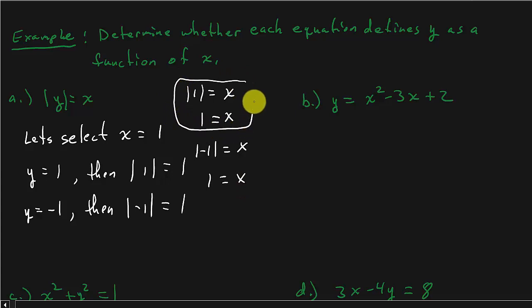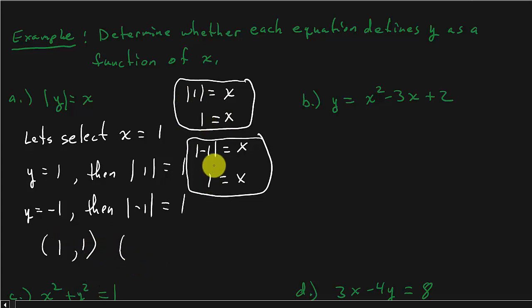So up here, remember I plugged 1 in for y, and what did I get for x? I got 1. And then what did I plug in for y? I plugged in -1, right? And what did I get for x? I got 1. So you see here how I have the same x value with two different y values. So that means this is not a function.